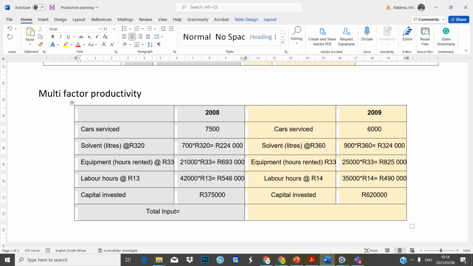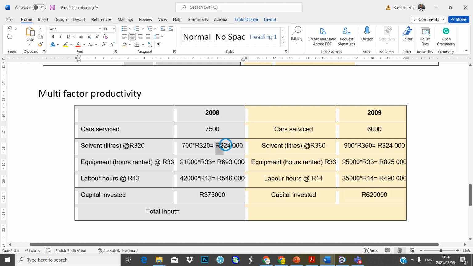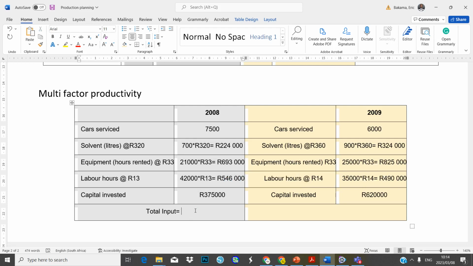I'm not going to write it down because it'll be too long, but for the total input here, you take everything that is in rand and add it to get a value in rand, which is going to be the first one for the solvent liter, which is 224,000 plus 693,000 plus 546,000 plus 375,000. So whatever you get there, which is almost 1,838,000. So this is how much money in terms of input the company has spent that year.